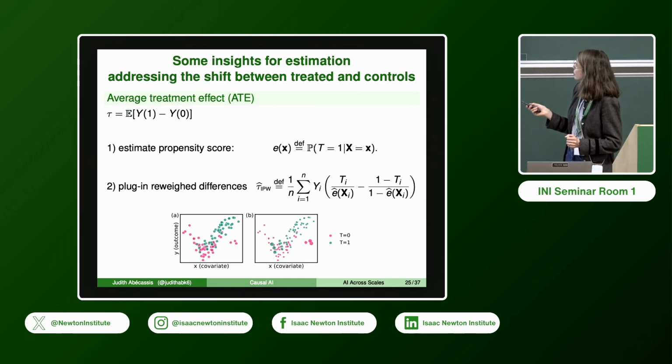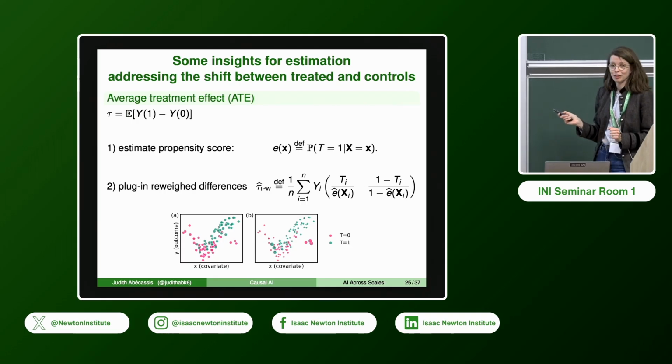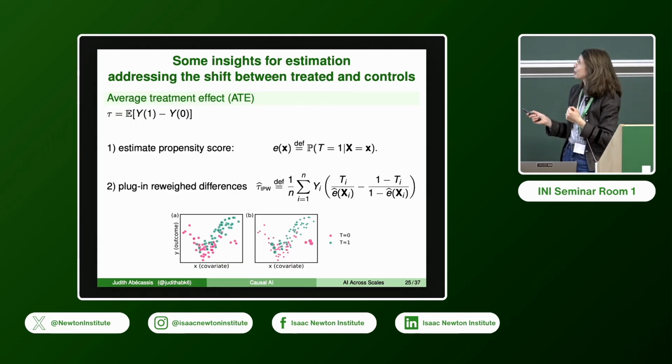And of course, you may notice that we are dividing by probabilities, and that can lead to instabilities if you have very high or very low probabilities in some parts of the covariate space. So that's the mathematical view of the positivity assumption.